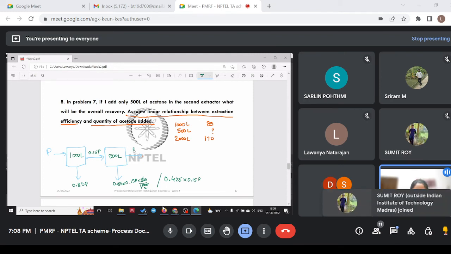And here instead of 0.15 into 0.15P, you will have into 500 by 1000. So that's again changing this as 0.075. That's right.